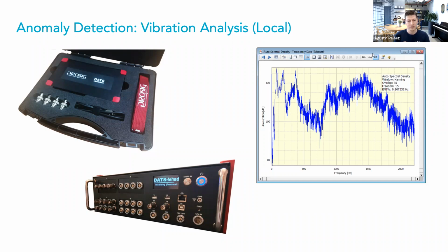They come with different channels. So the one above has 4 channels, for example. And the way they work is each channel is like a microphone that gets attached to the machine. And then there's a high sampling rate in order to create a frequency response. And then based on the frequencies that the machine is vibrating at, there's a diagnosis.